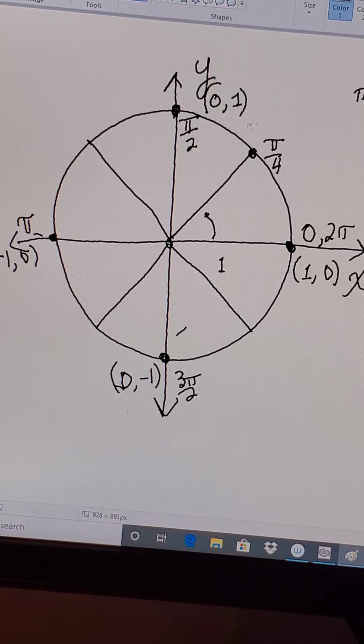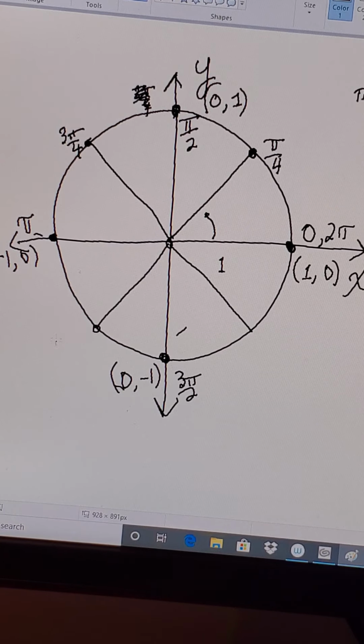And we're just going to keep counting. So this is pi over 4. This is 2 pi over 4, which we don't need because that reduces to pi over 2. This is 3 pi over 4 here. This is 4 pi over 4, which we don't need because that reduces to pi. Some spots are already taken.